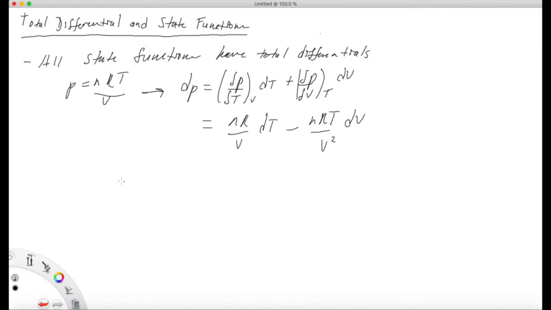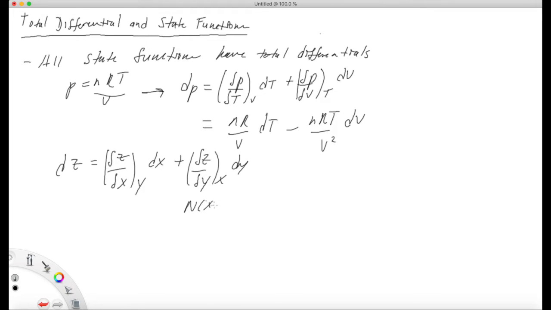So let's say M, we can define that as the partial of z with respect to x at constant y. And then the function N, we can define that as the partial of z with respect to y at constant x.